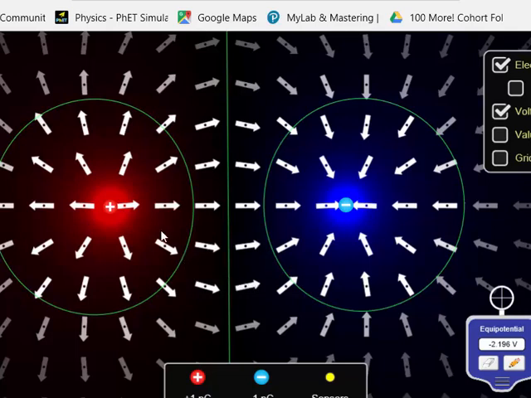Notice that at any point where you see a field line crossing the equipotential, it always crosses perpendicular, like you saw in the lab, and also the electric field is always in the direction of maximum decreasing electric potential. So it's towards the negative charge because that's where the potential is negative.